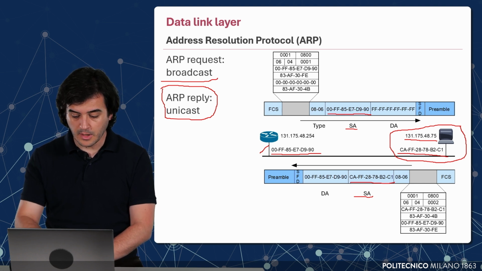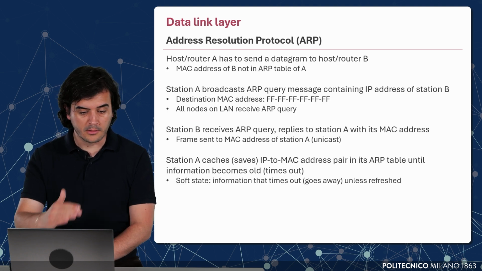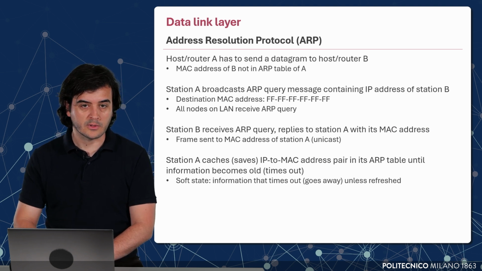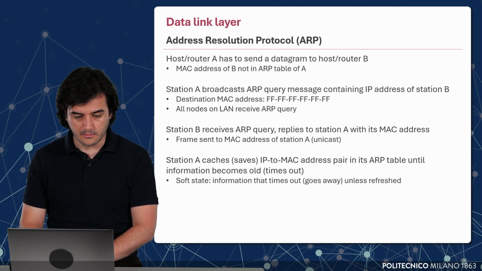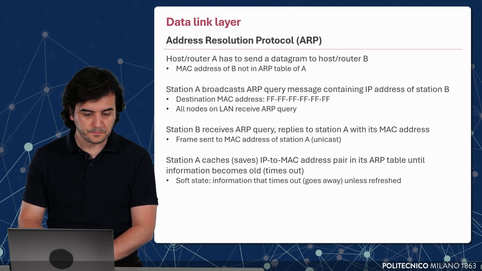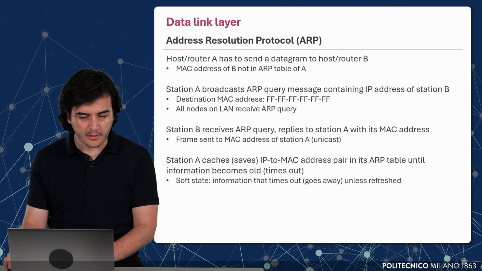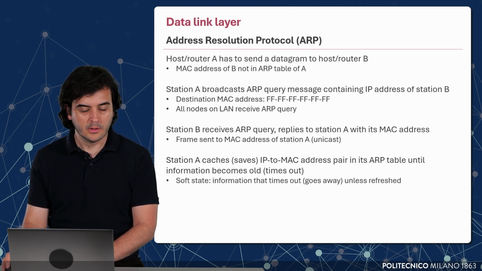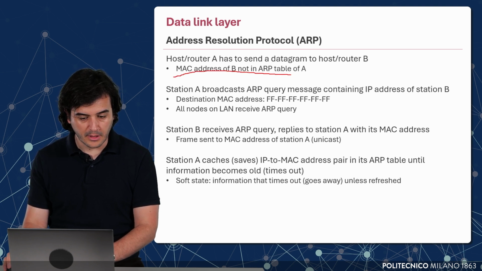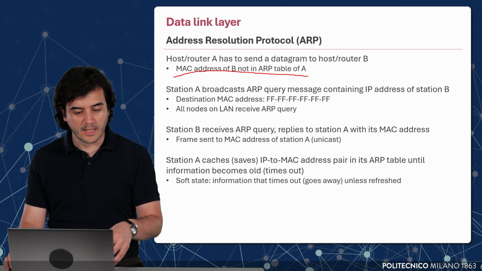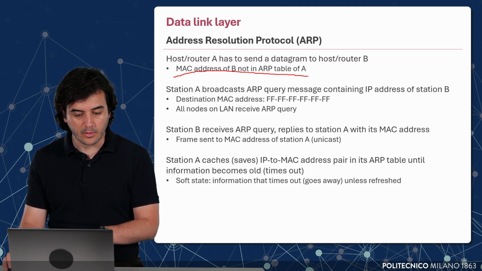Here we're also showing a series of steps which are taken in order to do the address resolution. As the name suggests, ARP stands for Address Resolution Protocol. The host, or the router in this case, A, will send a message towards the host B. The MAC address of B is not in the ARP table of A. The first message that is sent is a broadcast message.